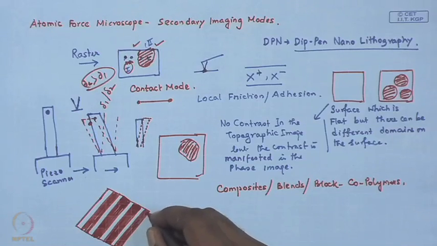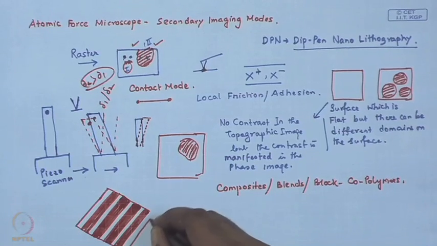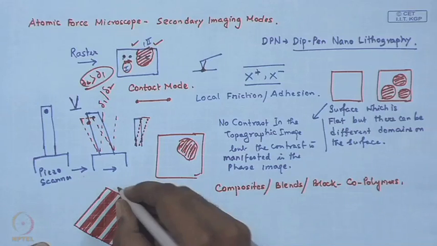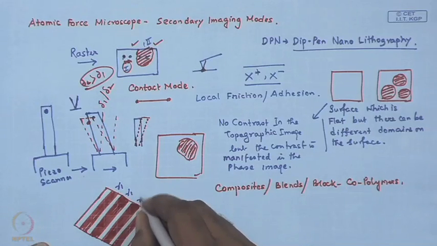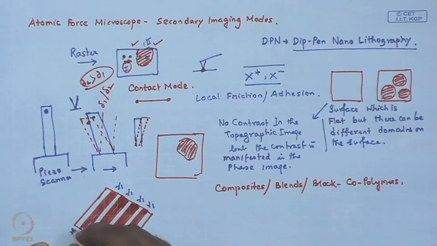Topographically this is flat, but we know that since we have microcontact printed it, these are areas where the surface tension is gamma 1, and these are areas where the surface tension is gamma 2.